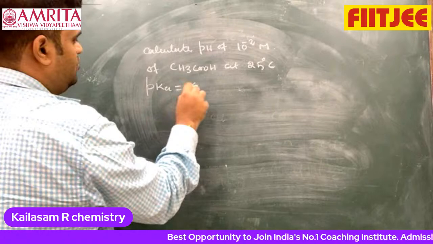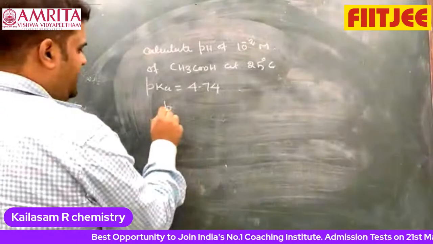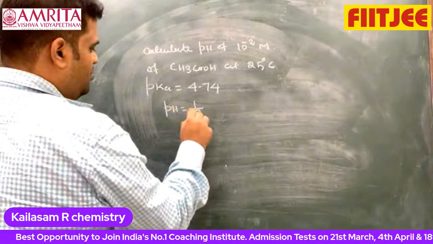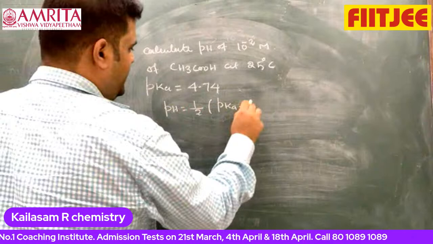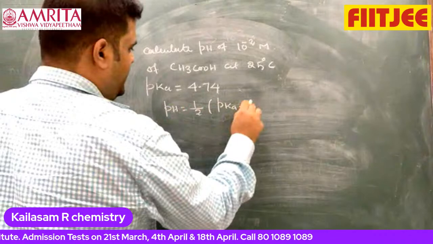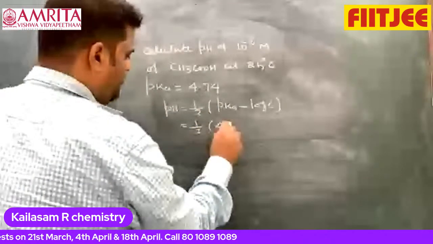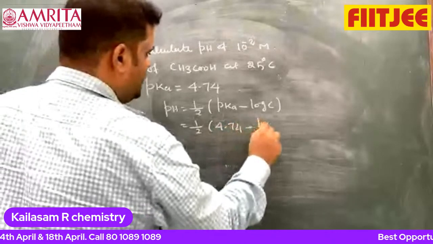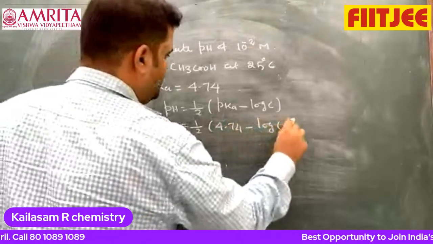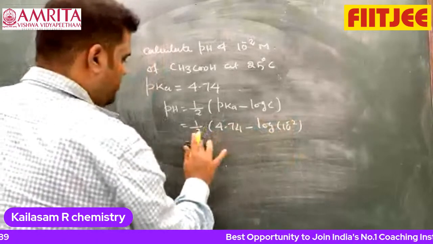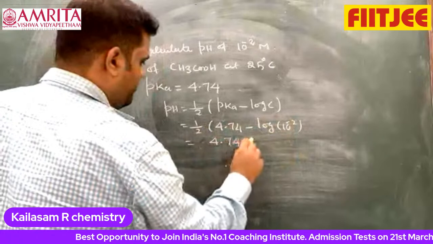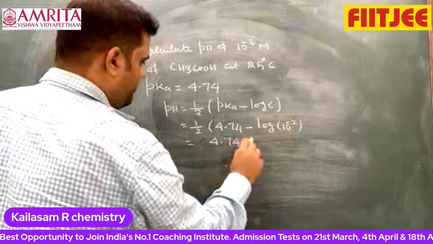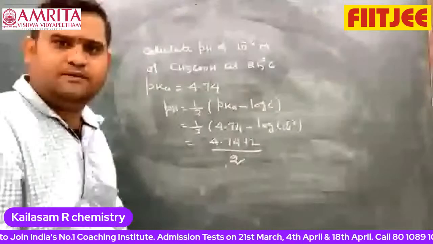We just now have done the equation: pH is equal to 1 by 2 pKa minus log C. Now 1 by 2 of 4.74 minus log of 10 power minus 2, which is 4.74 plus 2 by 2. This is the answer.